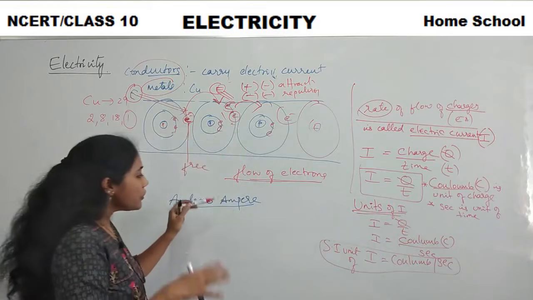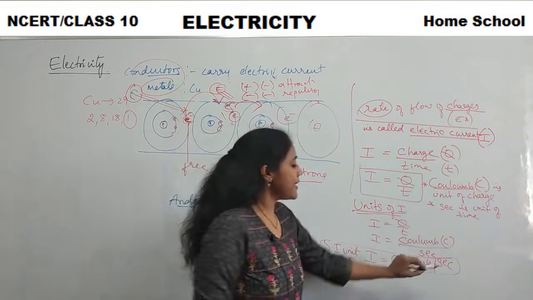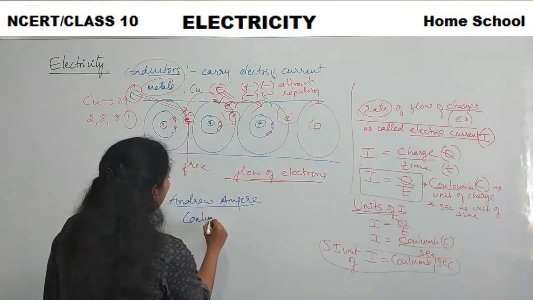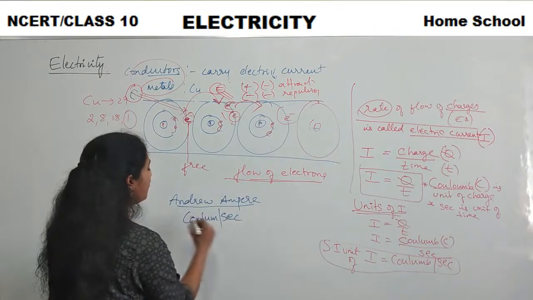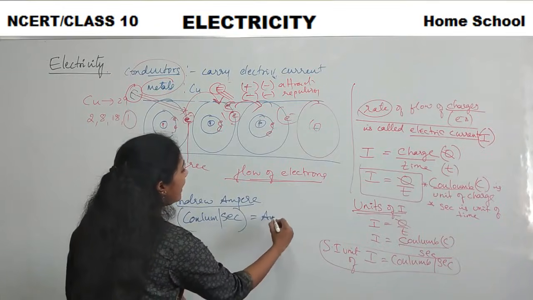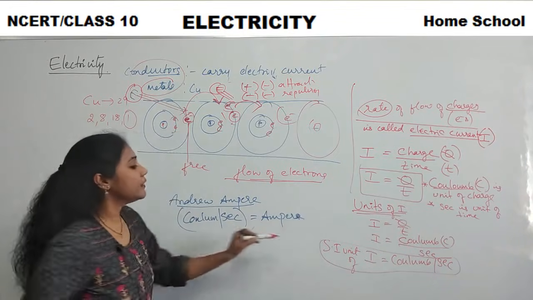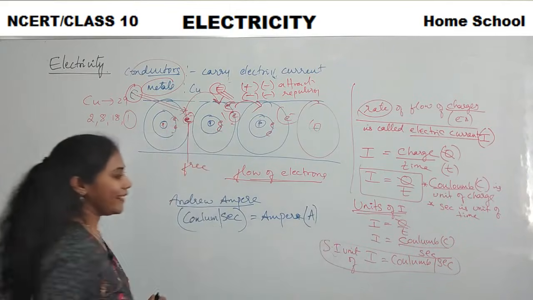So just to give honor to this person, Coulomb per second is also called ampere. Coulomb per second is equal to ampere. So we can write the unit of electric current as ampere, that is capital A.